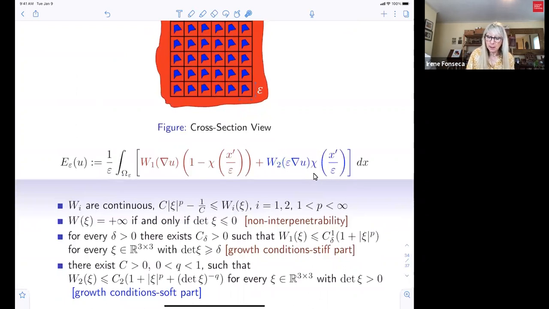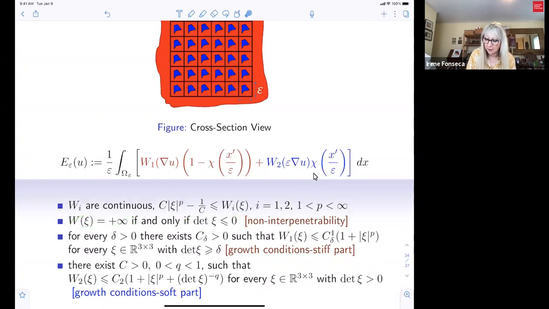And now this is going to be physically reasonable and acceptable. So from below, we impose a condition like that, which is innocuous. I'm going to assume that yes, indeed, you have non-interpenetrability. So the energy will explode if the determinant is 0 or below 0.